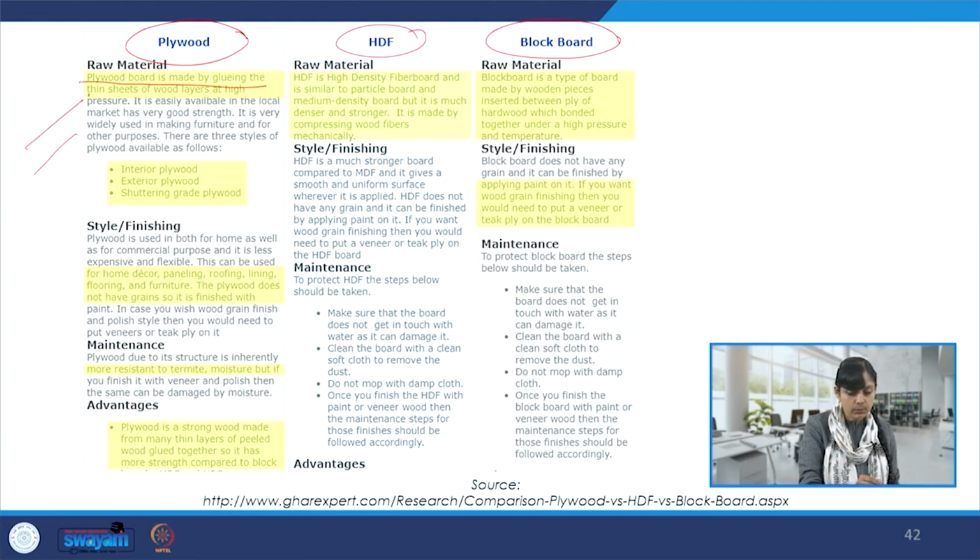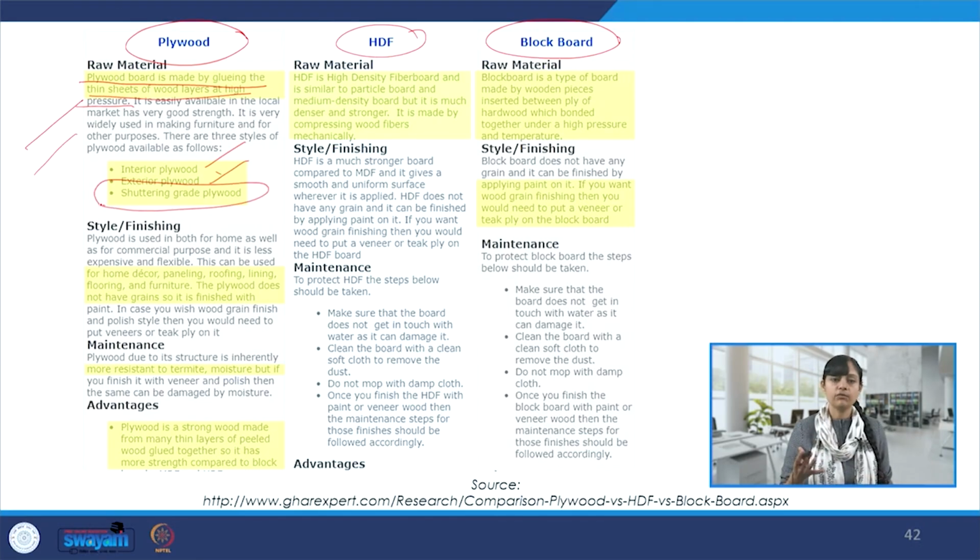It is made by gluing thin sheets of wood layers at high pressure, and we could find interior plywood, exterior plywood, and then there is shuttering grade plywood, depending on where we are using it and what the purpose is. It could be used for home decor, paneling, roofing, lining, flooring, furniture. So a huge plethora it could be used for.